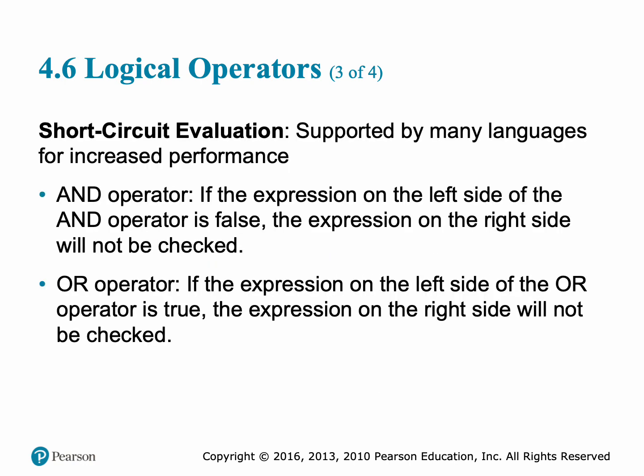There is also such a thing as short circuit evaluation. It is supported by many programming languages, and it will just boost your performance when it comes to evaluating your conditions. What that is, is fairly simple. It is used with the AND operator and the OR operator. With the AND operator, the expression on the left side is going to be checked first. We have expression 1 and expression 2.